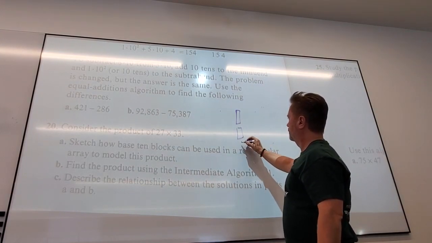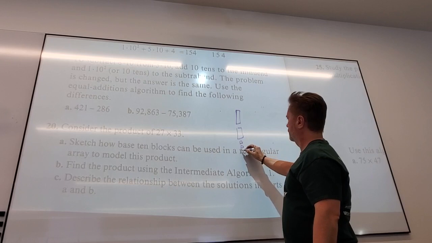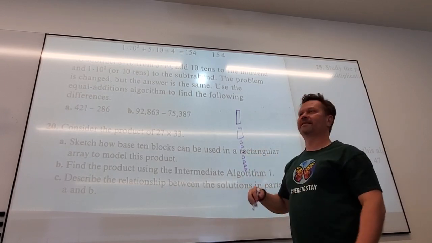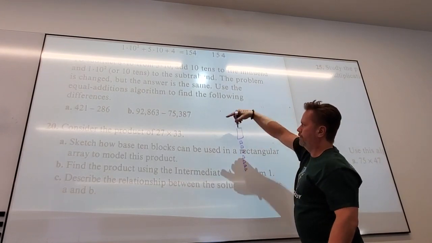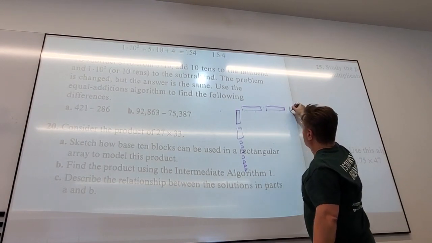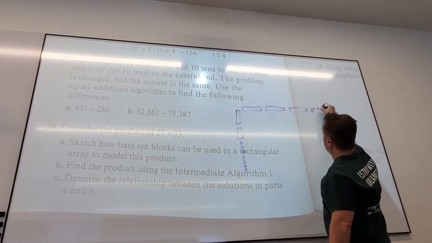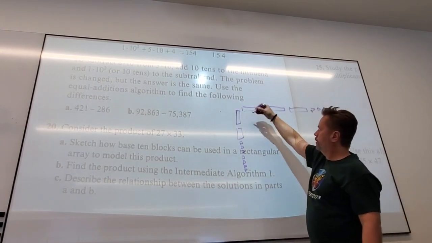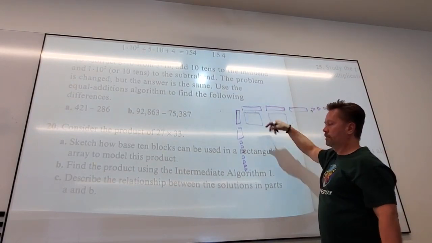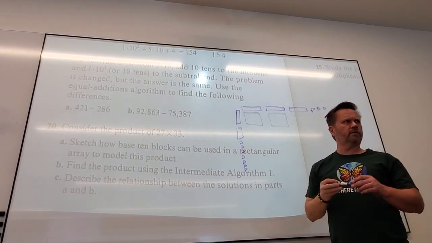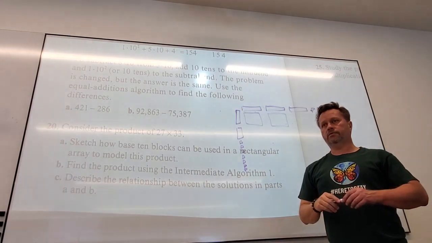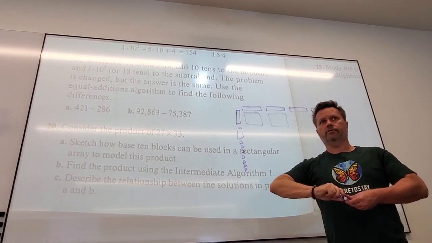And then 7 blocks, right? And then for 33, it would be 3 of these, and then 3 blocks, right? So then here, it would be 1, and then you keep going, right? Does that make sense? The nice thing is you can know ahead of time what 27 times 33 is supposed to be, and you can see if you're headed in the right direction.